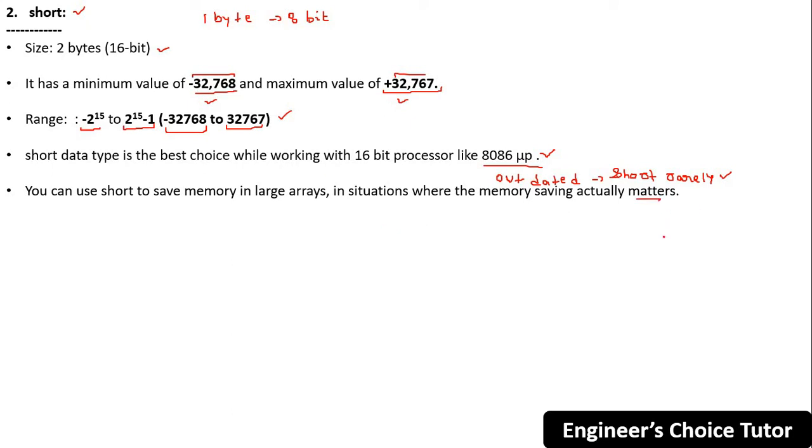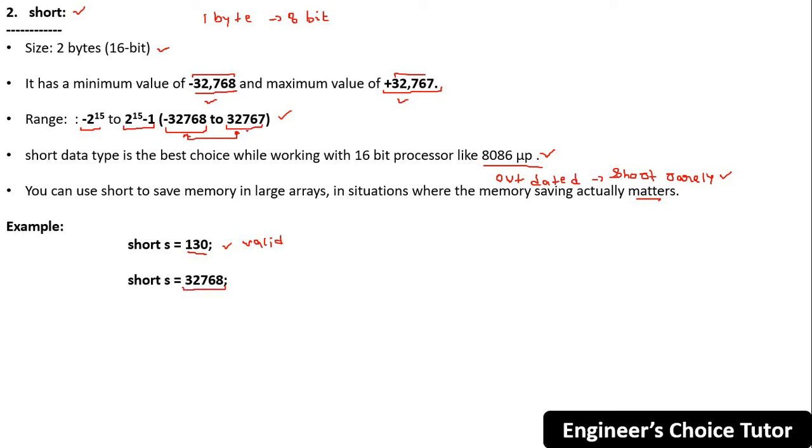Fine. Let's see some examples. For example, short s = 130. See, 130 lies between this range, right? So this is a perfectly valid case. Now, next example: short s = 32768.